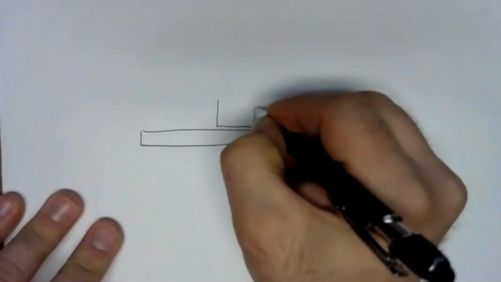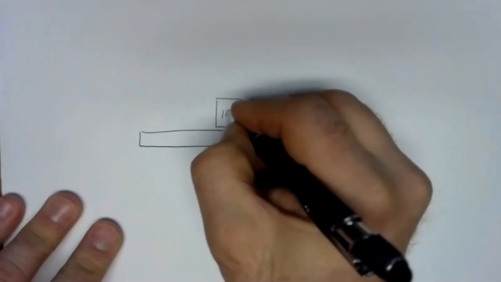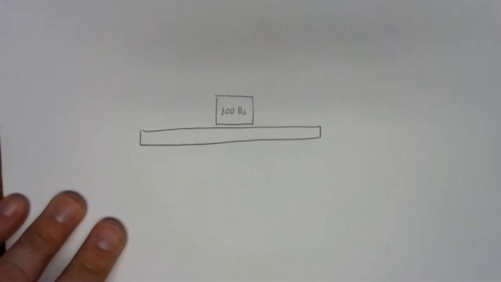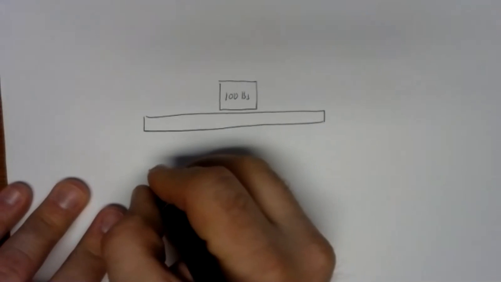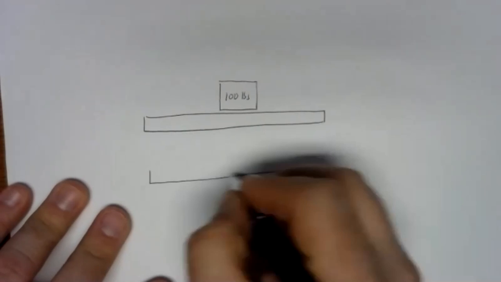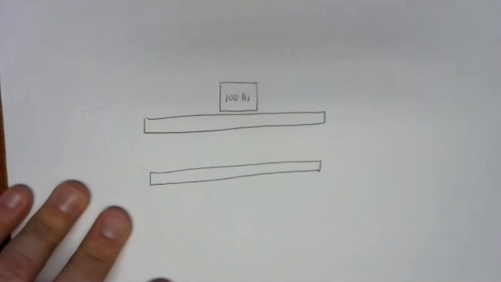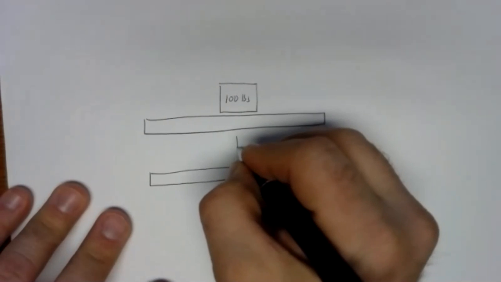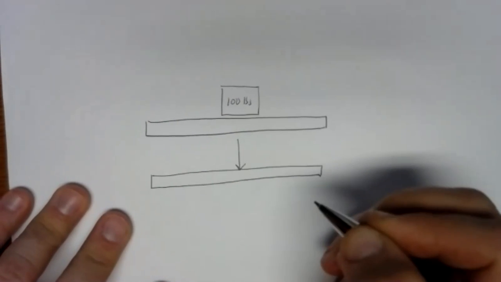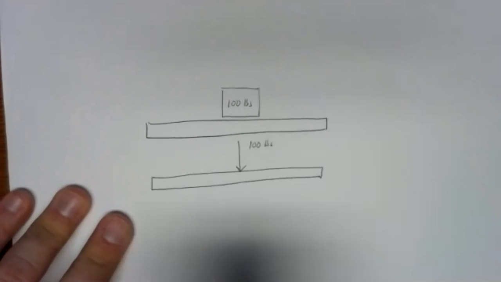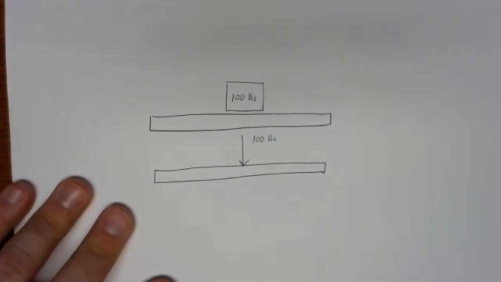If I put a weight on that beam, let's say a 100-pound weight, schematically, I could represent the force of that weight on the beam by redrawing the beam. And instead of the box symbolizing the weight, I could replace the weight with a force labeled with a magnitude of 100 pounds.